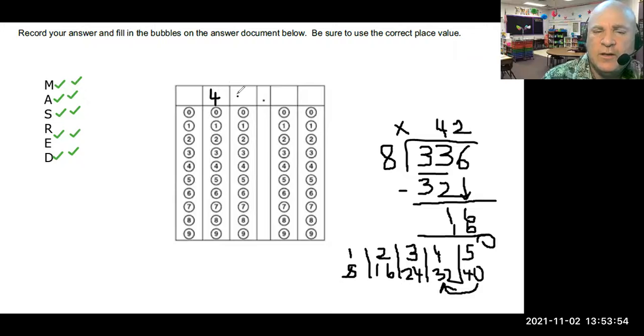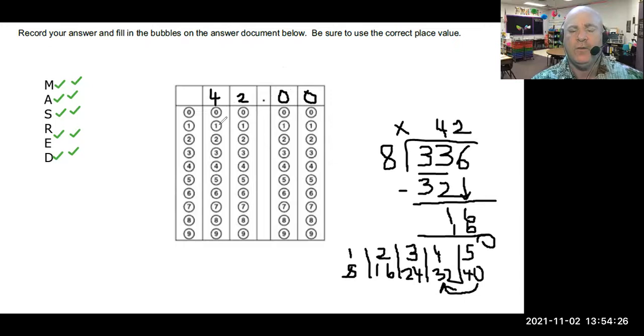A 2 is in the ones place, and that means that there's 42, and because that decimal means and so I'm bouncing an imaginary ball on the floor because all numbers are done. You could stop right there, or you could teach your kids to say 42 and 0 tenths, or 42 and 0 hundredths. All of those answers would be correct.